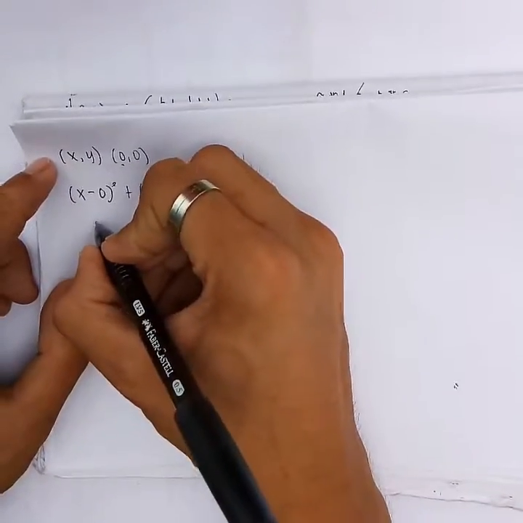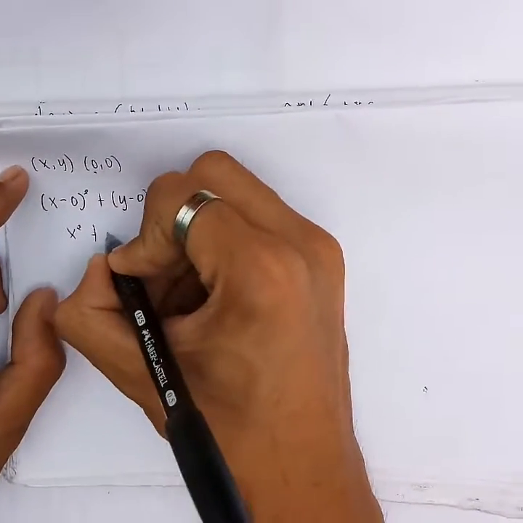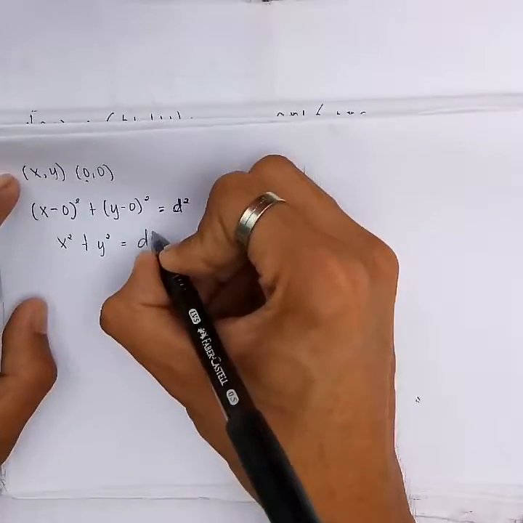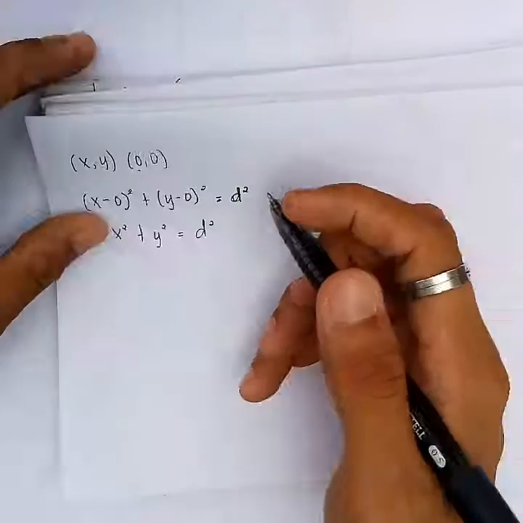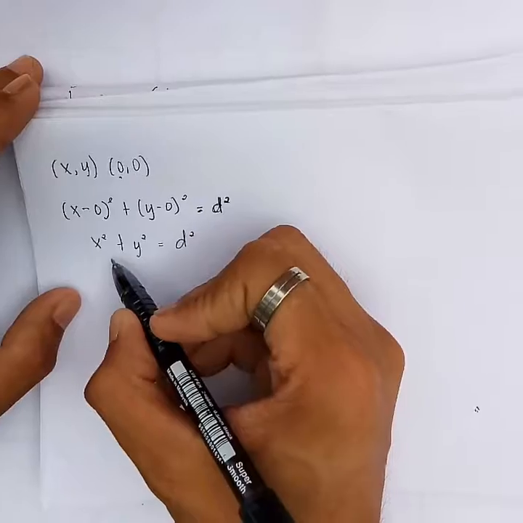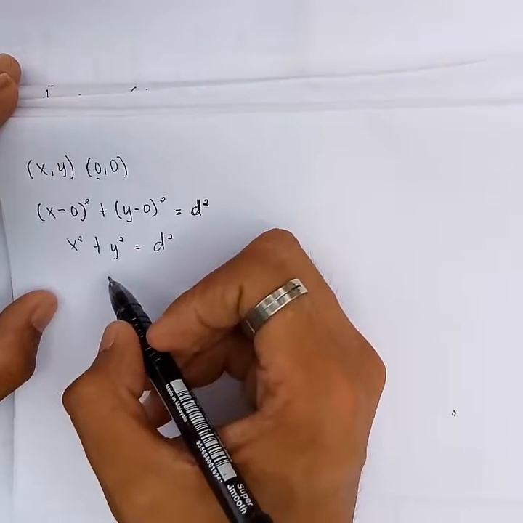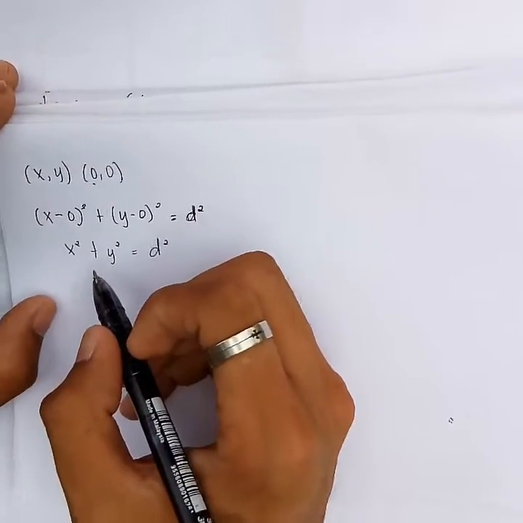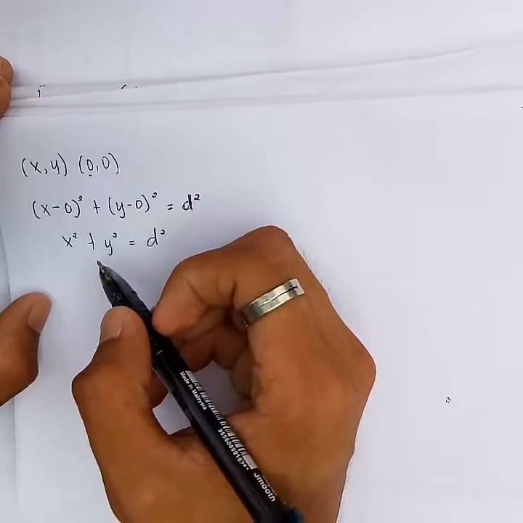To simplify this, it will be x squared plus y squared is equal to d squared. This simply means that this equation is the plot of all points that are d away from the point 0, 0.